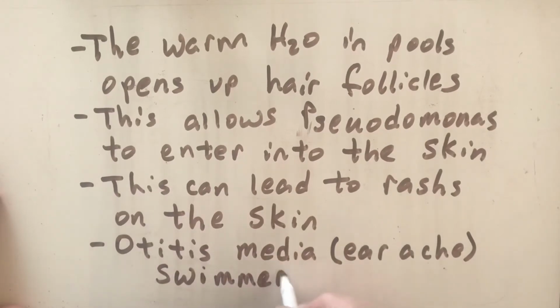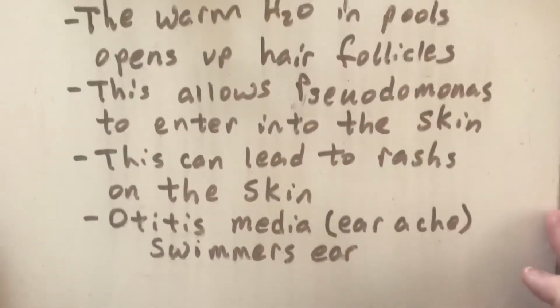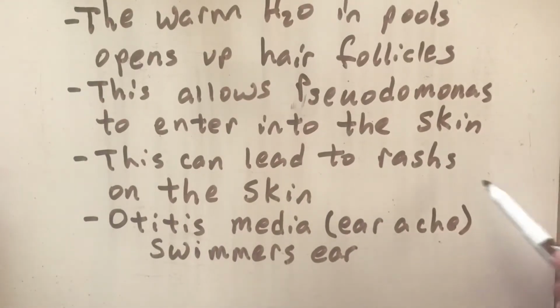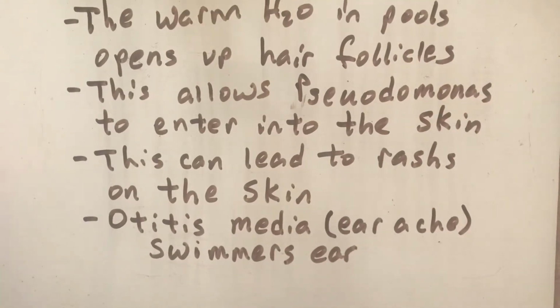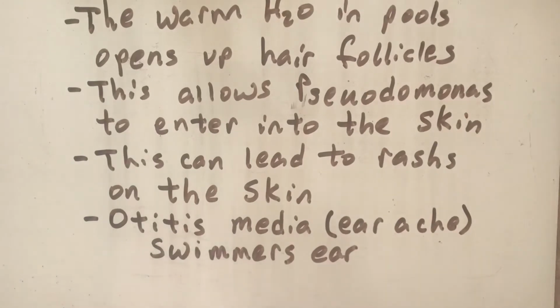So otitis media can lead to swimmer's ear if you don't have enough chlorine in a pool to kill off the Pseudomonas. So the warm water in pools opens up hair follicles. This allows the Pseudomonas to enter into the skin. This can lead to rashes on the skin, and it also leads to otitis media. That's it for Pseudomonas dermatitis.